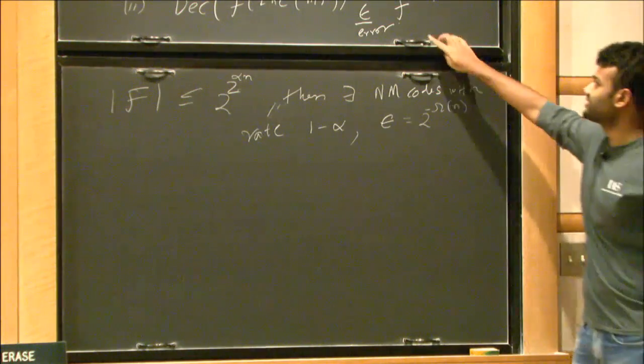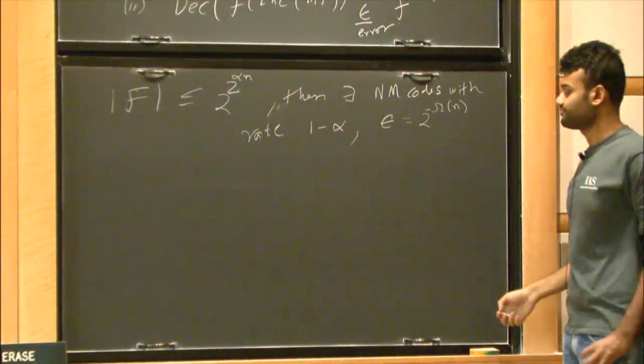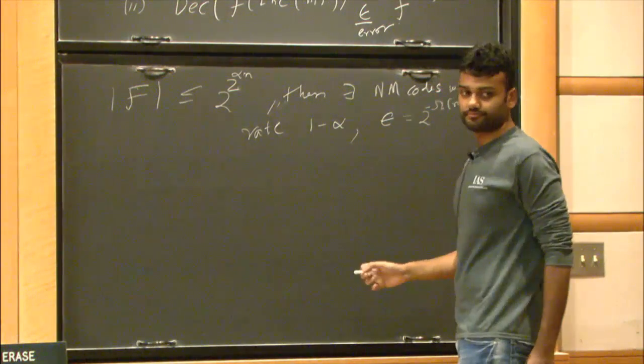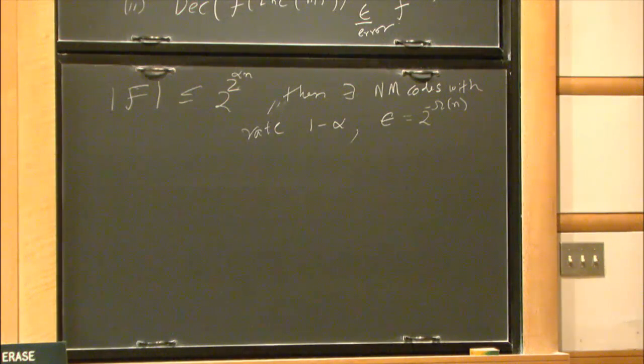The distribution depends only on F. The randomization is in the encryption. And the statement is true for every M.